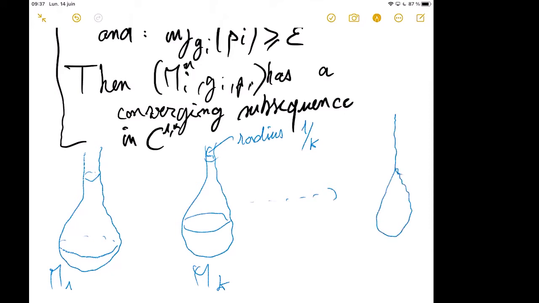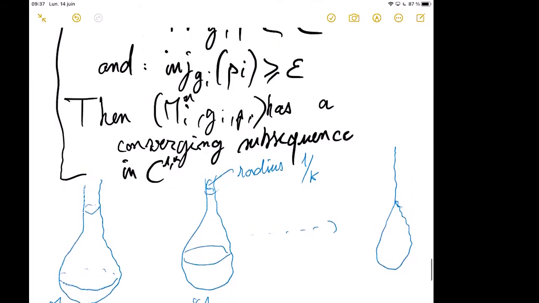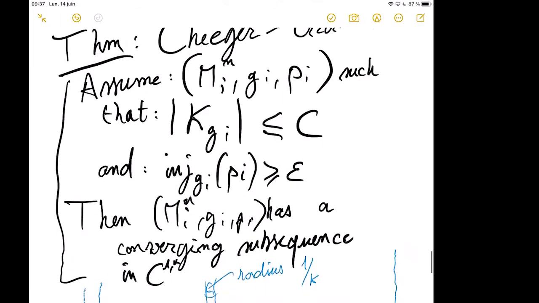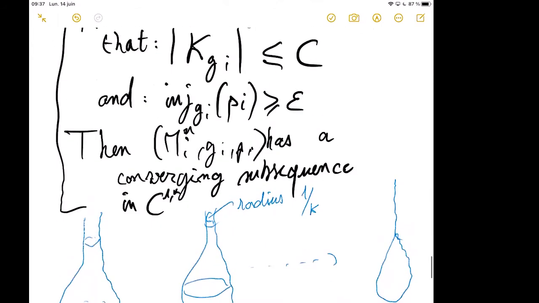So that won't be a Riemannian manifold. So my question is, what's going wrong? So I will put that in the chat in Zoom. Oh no, sorry, I hadn't created the poll yet. So there is no smooth limit here. So what's going wrong in the theorem? Which assumption of the theorem is violated?